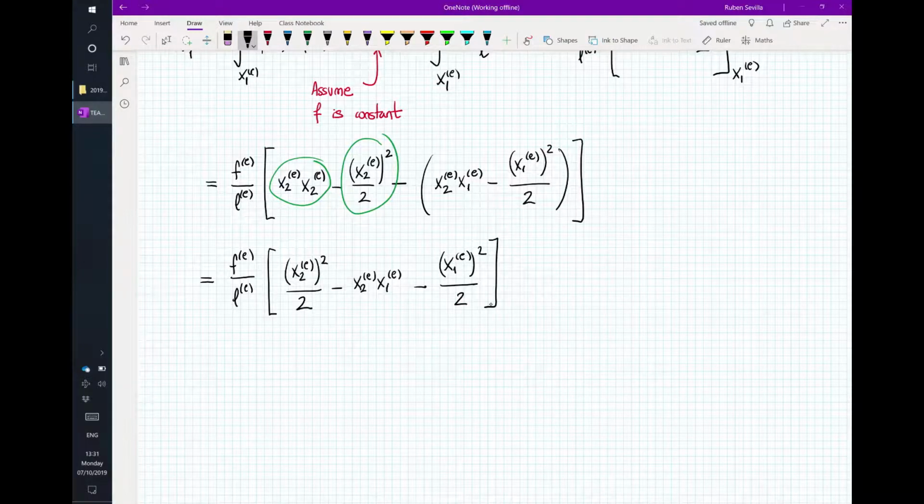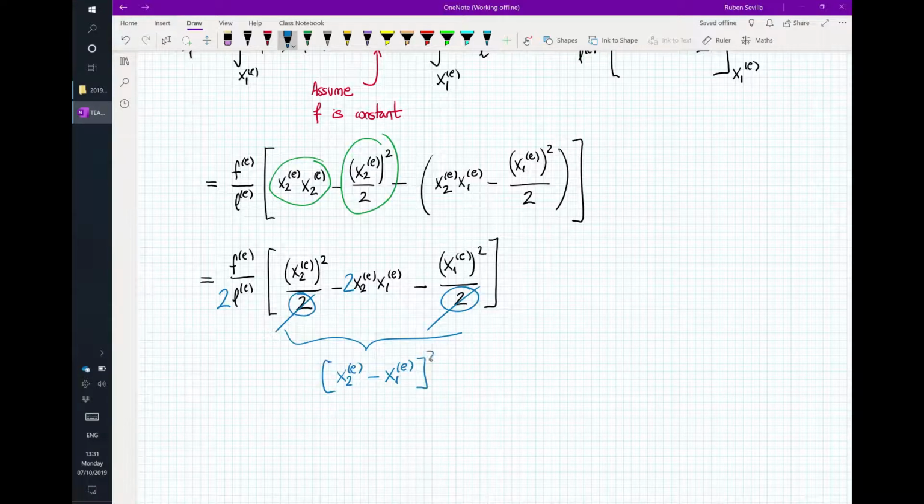Just rearranging stuff. And I can see here something, for example, if I take the 2 out as a common factor, so that would mean that it disappears from here, and you get a 2 here. And I can see that this is x2 minus x1 all squared. Agree? And this is nothing but the length squared.